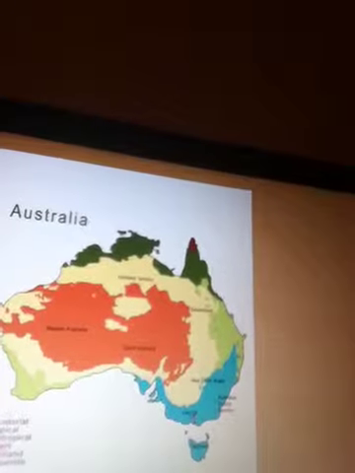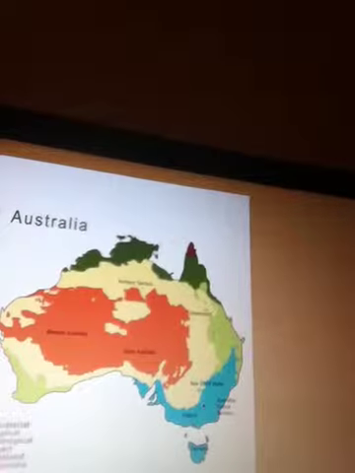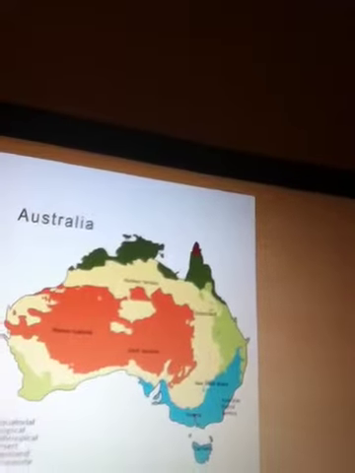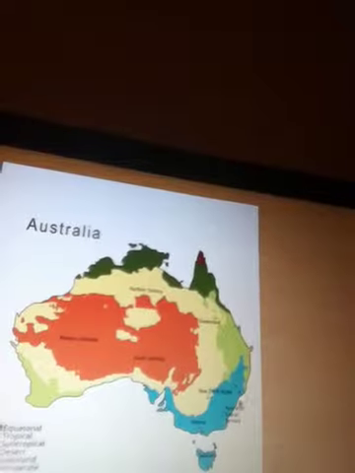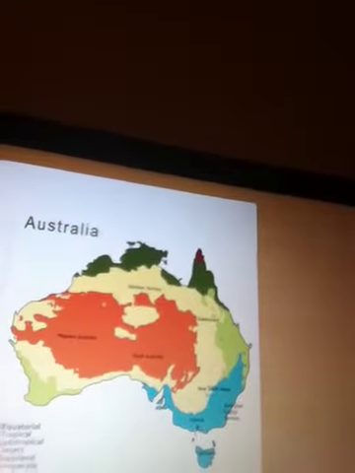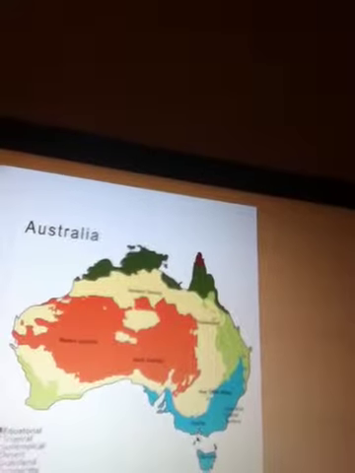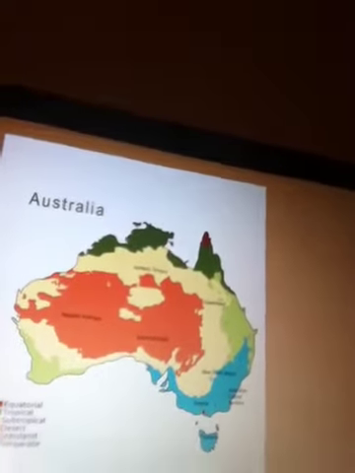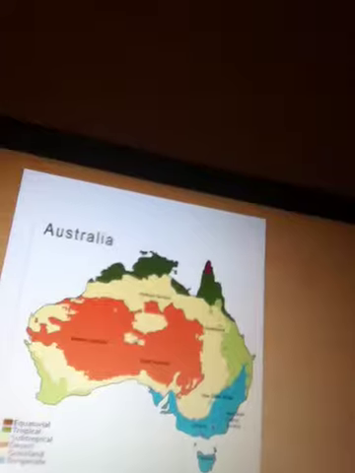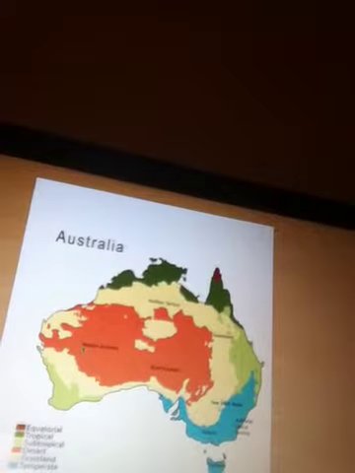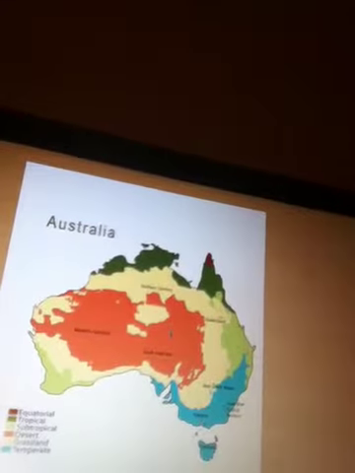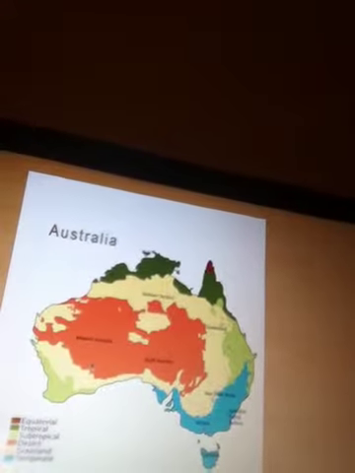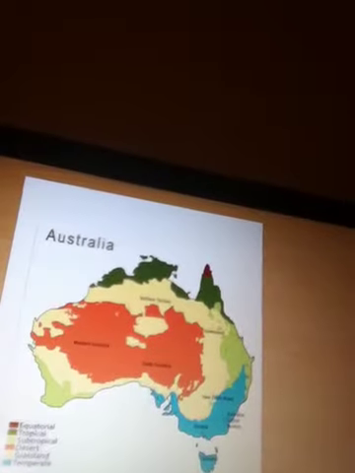Right down around in here in this blue section is pretty much like most of Eastern North America. And then you got a few places down here like Melbourne, which is also temperate. So yeah, you can see just by this map that this big, huge mass surrounding here of red and tan is all desert and dry grassland.